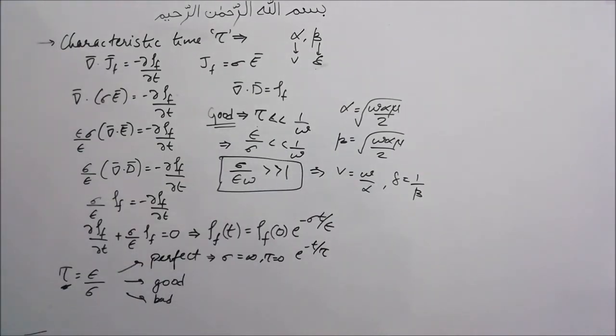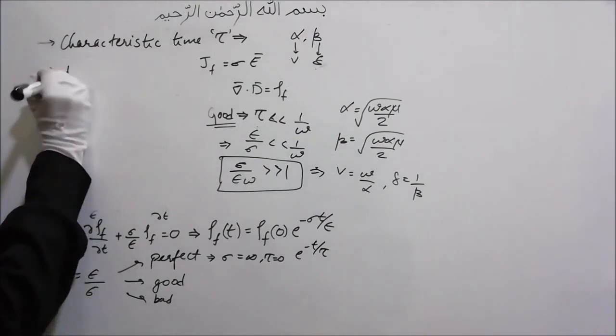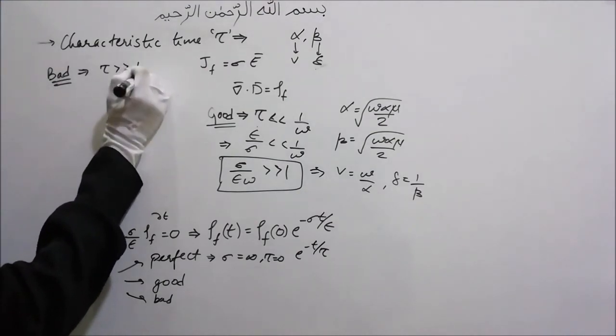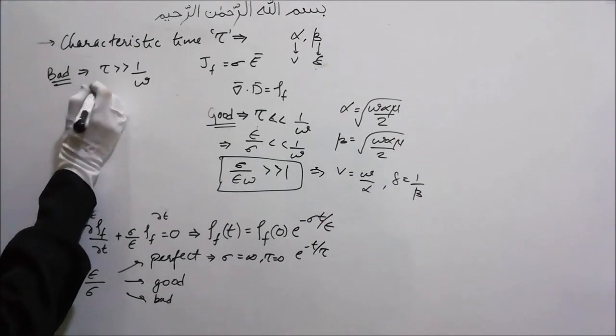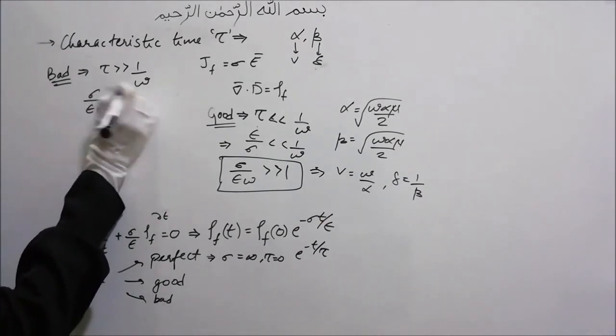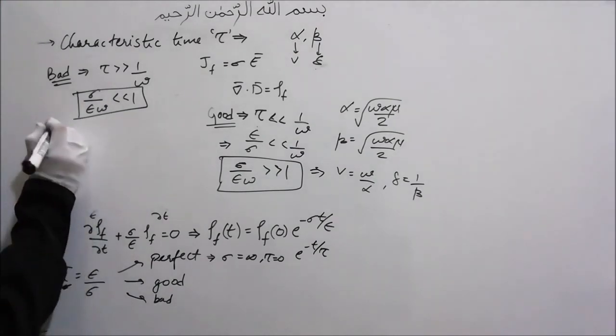Now what about a bad conductor? For a bad conductor, this characteristic time will be much larger than 1 by omega. That means sigma upon epsilon omega is very much less than 1. This is the condition for a bad conductor. What will alpha be then?